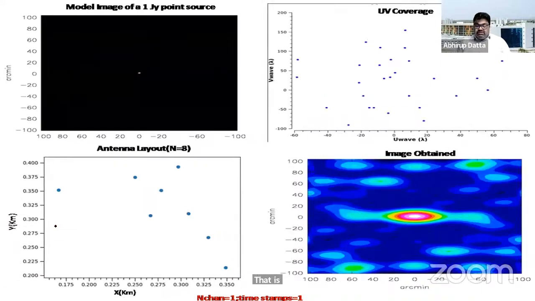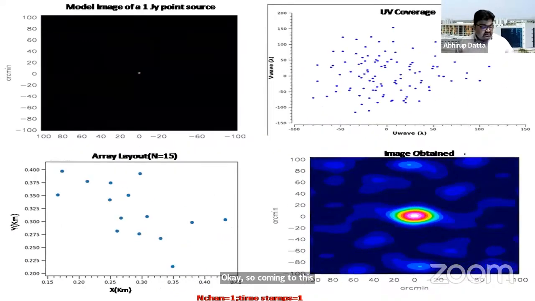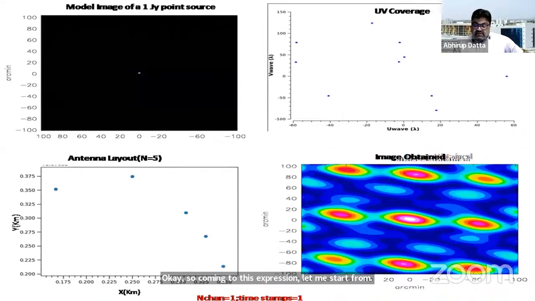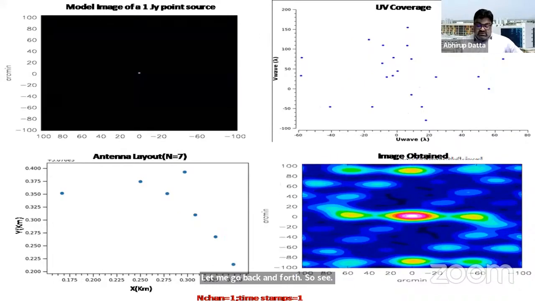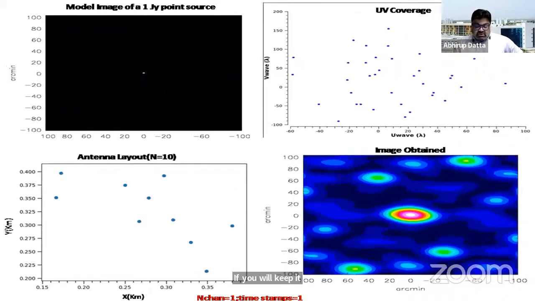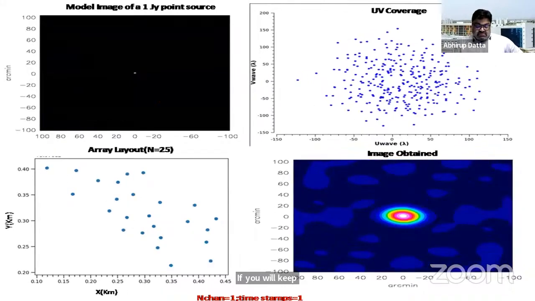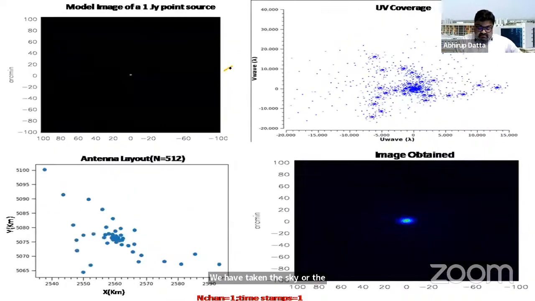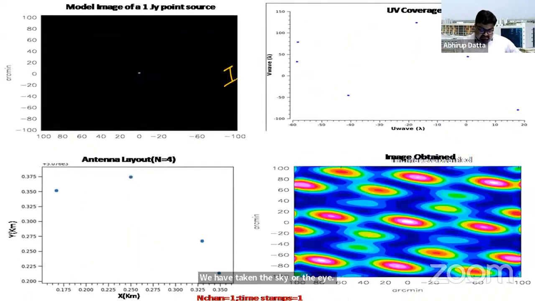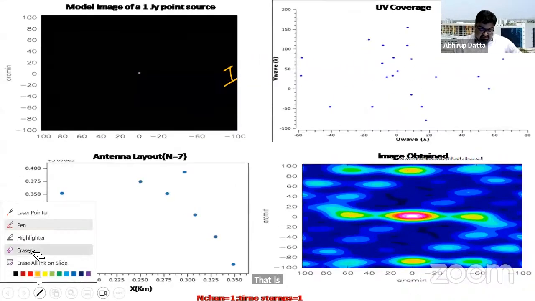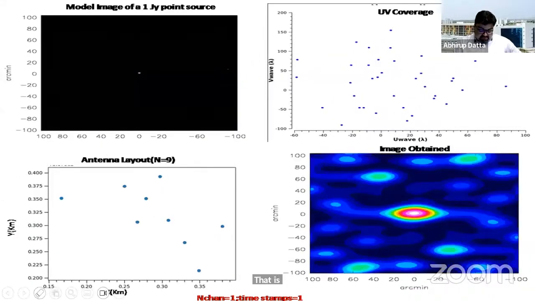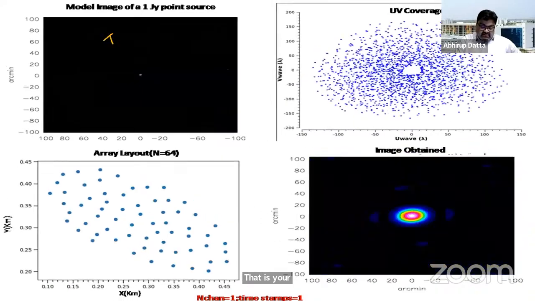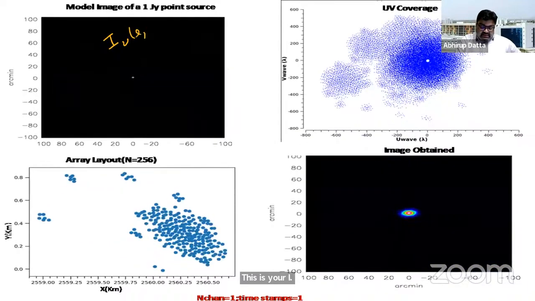Okay, so coming to this expression, let it start from the beginning. Let me go back and forth. Okay. Yeah. So see, we will keep it running. It goes in loops. Don't worry if you miss one frame. So on the left-hand side on the top, we have taken the sky, the I. That is your I, I(nu, l, m).